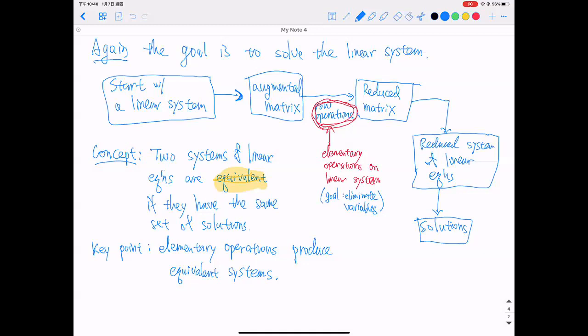let's consider another thing. That is this step. Right, this step is supposed to mean this, right? You have a reduced system of linear equations, and you just somehow see the solutions to the systems directly.